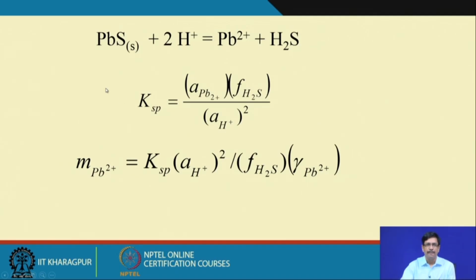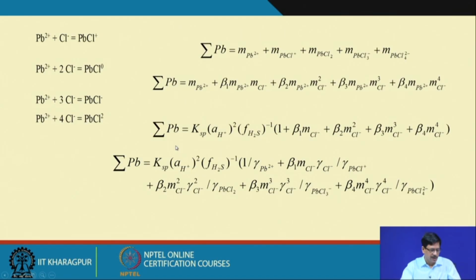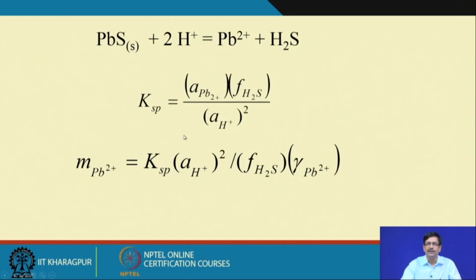Here is the example: take a metal like lead. So, here this is the solubility product, which is the activity of the concentration of the lead 2 plus and the fugacity of H2S by the activity of hydrogen ion square, and the total concentration of the lead expressed as molal is given by an expression where it is the solubility product of this reaction into the pH divided by the fugacity or the partial pressure of H2S. So, what is coming out from here?